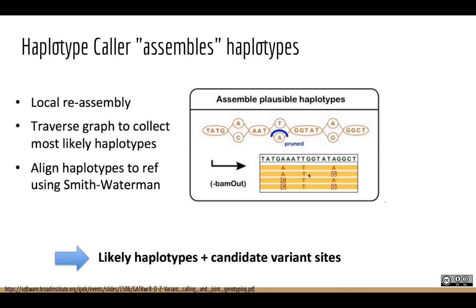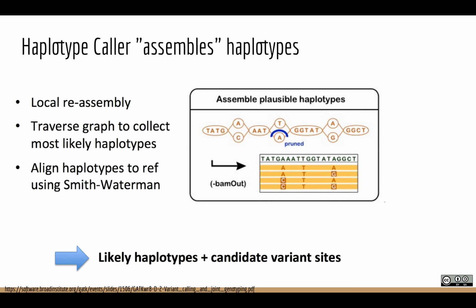Here are 3 sites that look to be polymorphic in this very narrow, like 20 base pair window in the genome. It will look at the presence or the linkage of alleles that are in the same read. That's important because each read is sampling an individual strand of an individual haplotype.